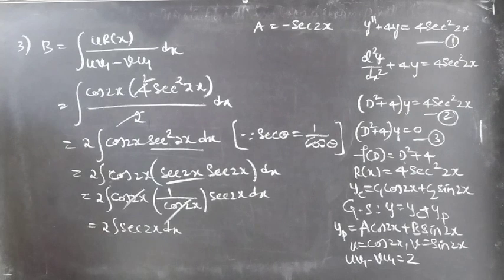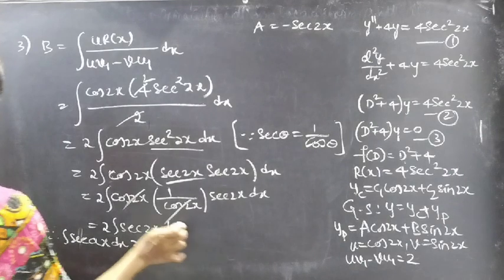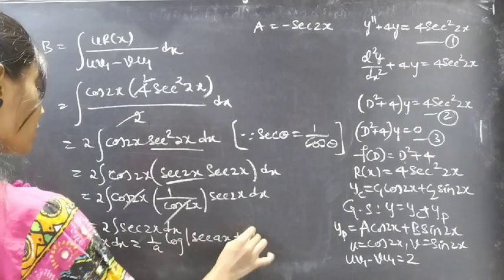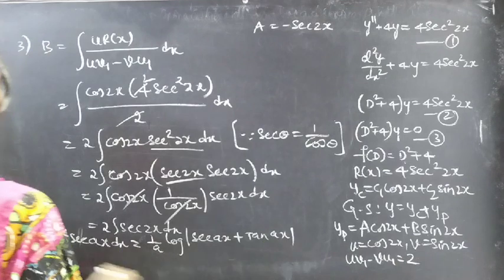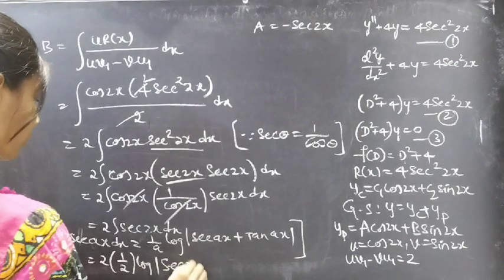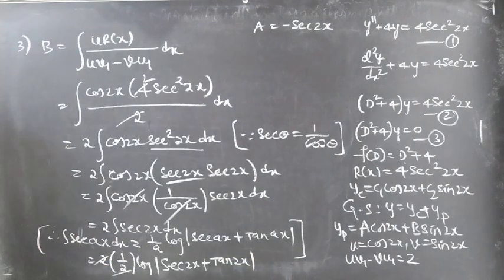Since we know that integral secant ax dx equal to 1 by a log mod secant ax plus tan ax, then for a equal to 2 you'll have 2 into 1 by 2 into log mod secant 2x plus tan 2x, or you can write this, just cancel 2, as log of secant 2x plus tan 2x.